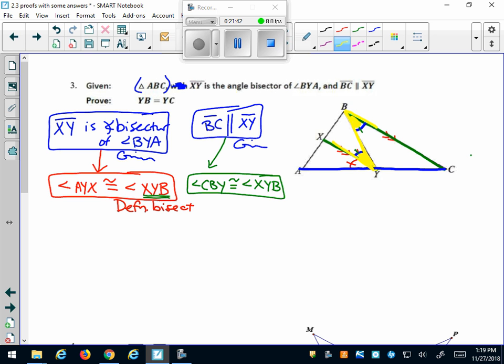All right. What we're trying to prove here is that YB is equal to YC. Again, if you kind of think backwards, think from the bottom up. What do you think the statement right before that is going to be?